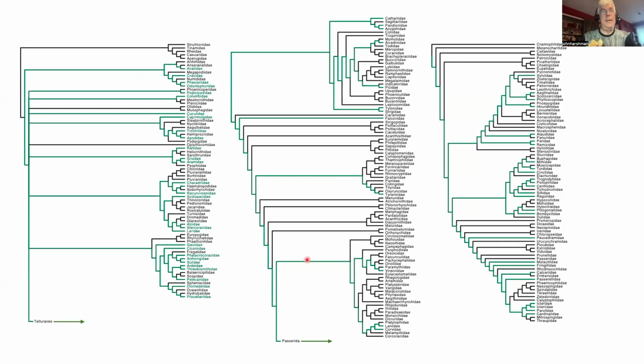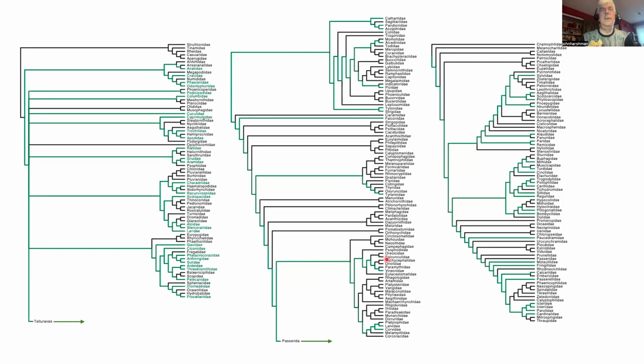This is the same tree, except it's been expanded to show all the bird families in the world, not just the ones in the US. For information, the US stuff is now shown in green. As you can see, what we have here is a fairly small sample of all the bird families of the world.